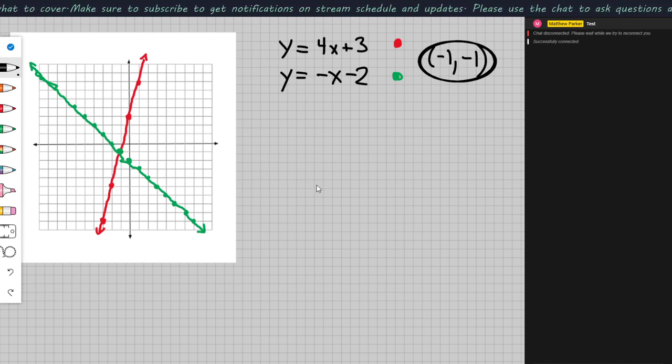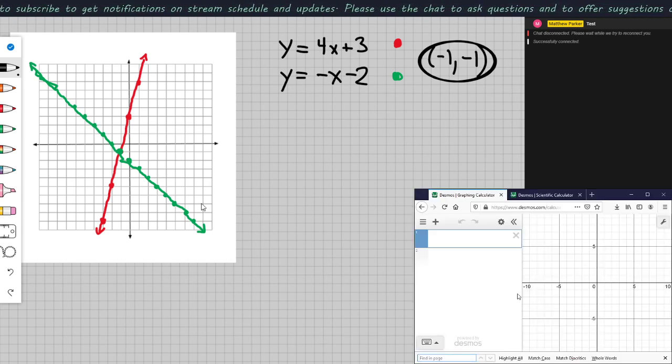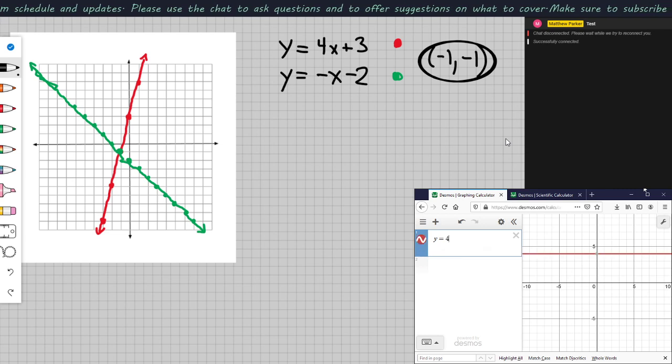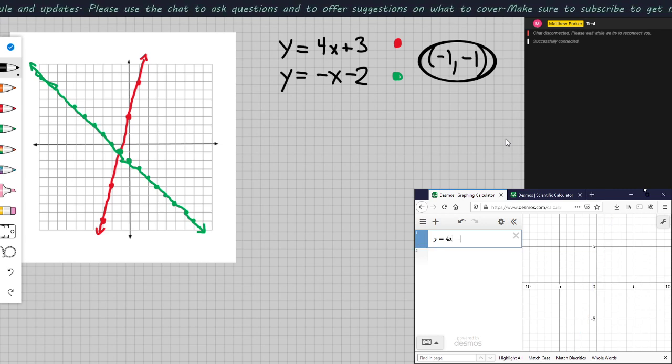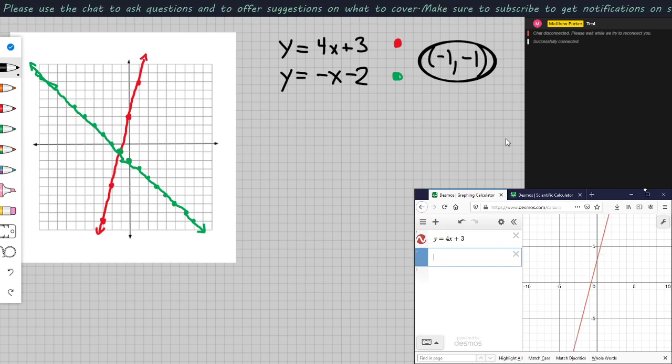So let's check with Desmos if we got the same answer. Equals 4x plus 3, and negative x minus 2.